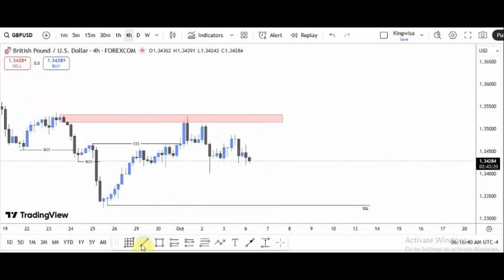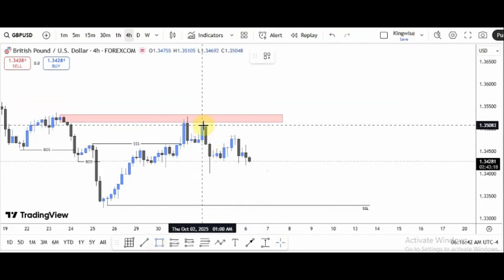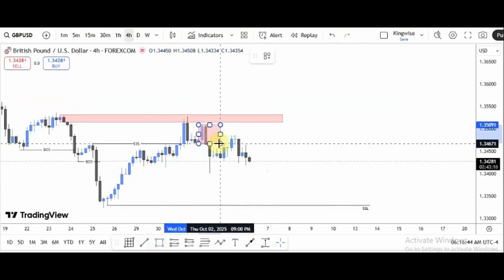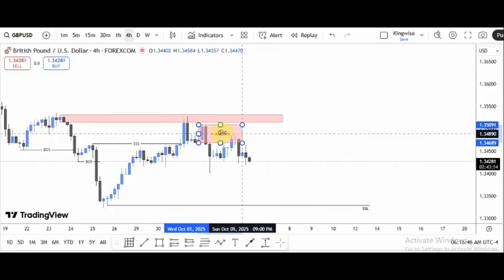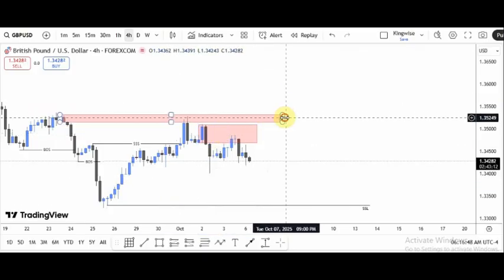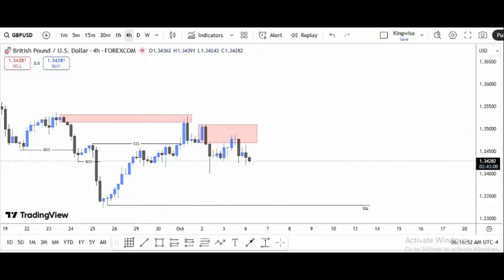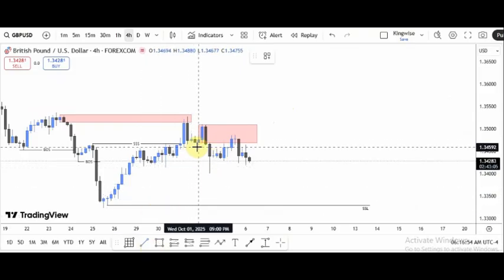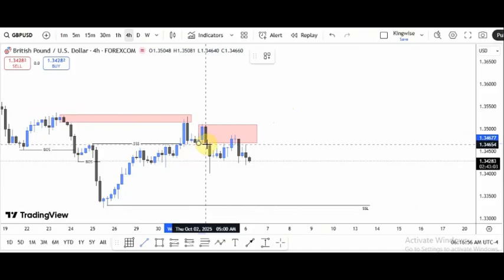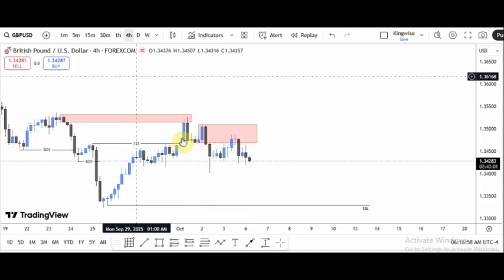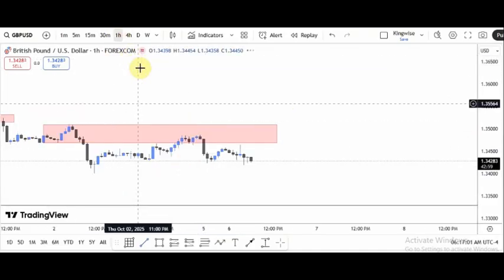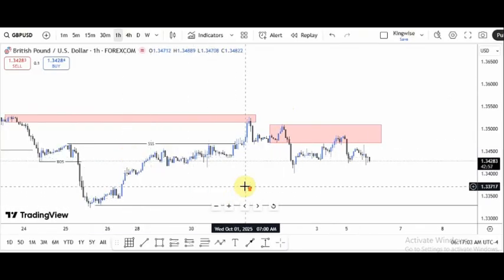If we are to read this, we know this is the last candlestick that caused that push to the downside, because this is also a break of structure, this low, when this low gets taken. But let's go to the 1-hour time frame to read it more clearly.